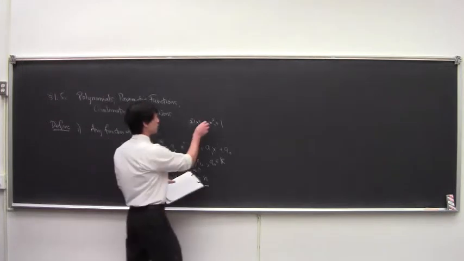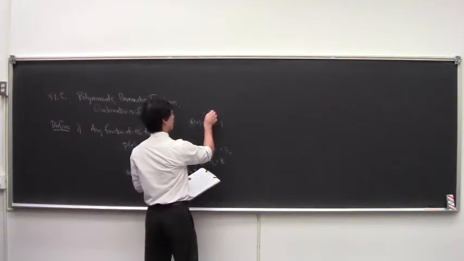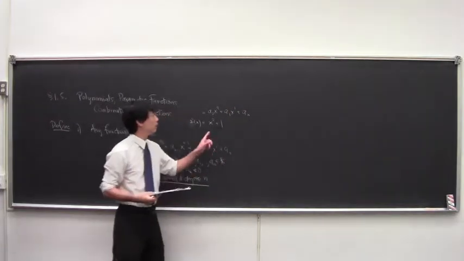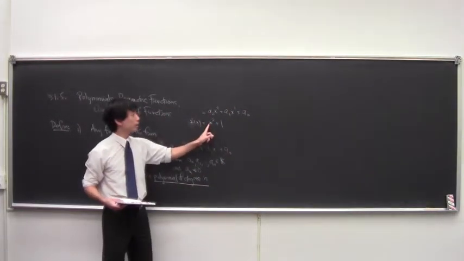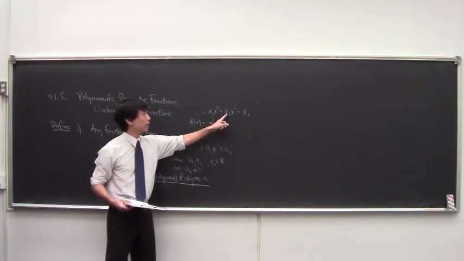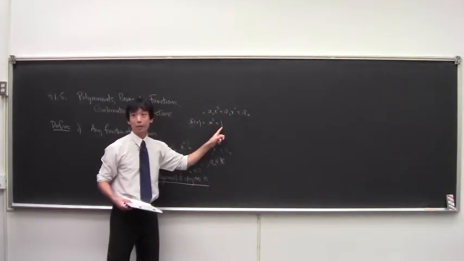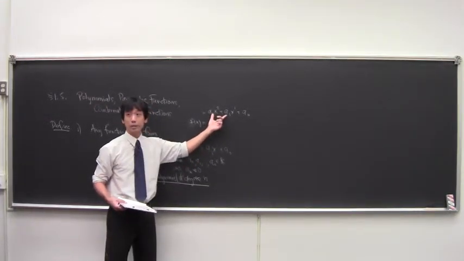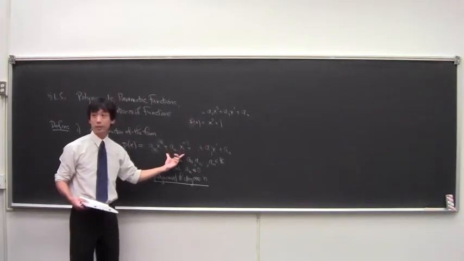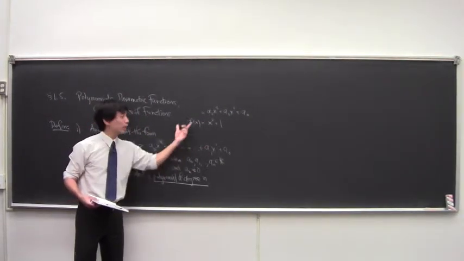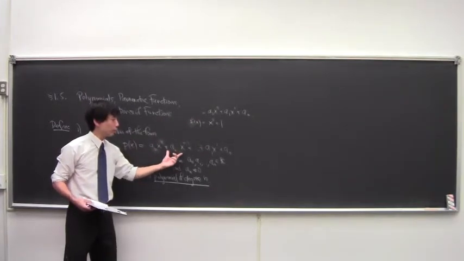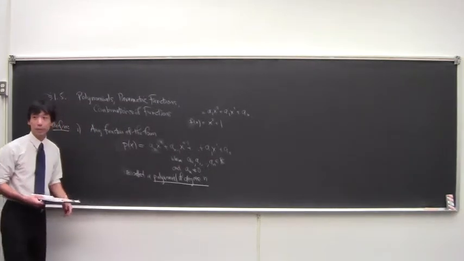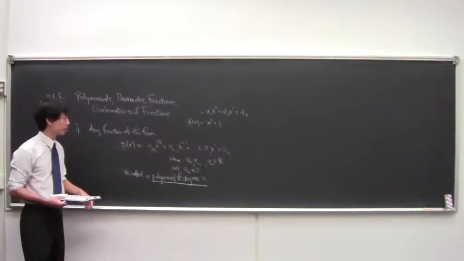That would be of the form a_2 x squared plus a_1 x to the 1 plus a_0, where a_2 is 1, a_1 is 0, and a_0 is 1. So it fits into this description. Any polynomial that you can think of will fit into this description, and these are all the polynomials. So this is how one describes a polynomial.